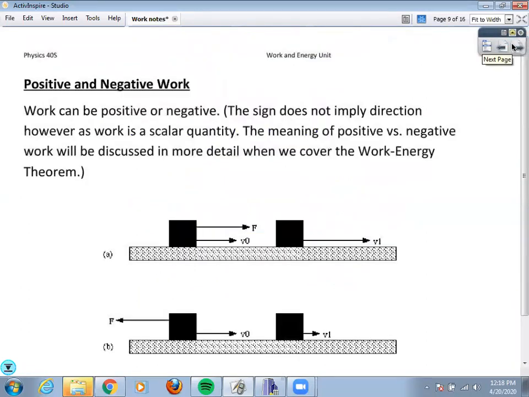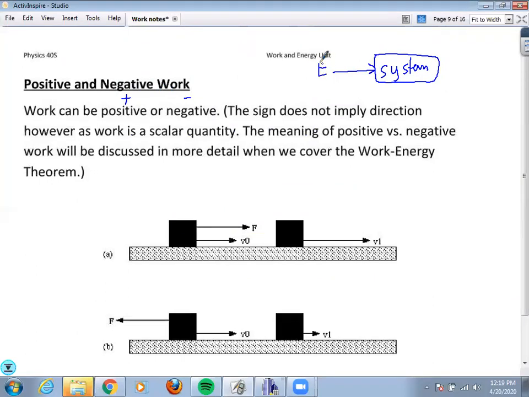Okay, so now we talked about work being a scalar, so it has no direction, but work can have a positive or negative value. And this does not imply direction. What we're talking about of positive versus negative work essentially is this. Again, when we have a system, remember energy transferred is work done.